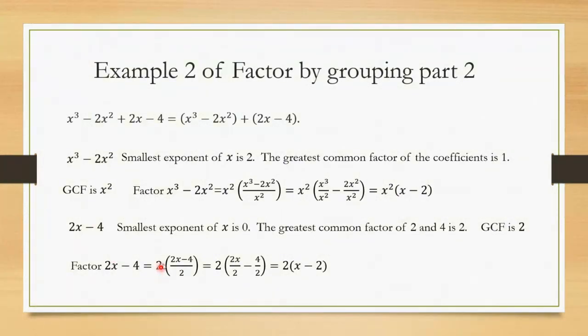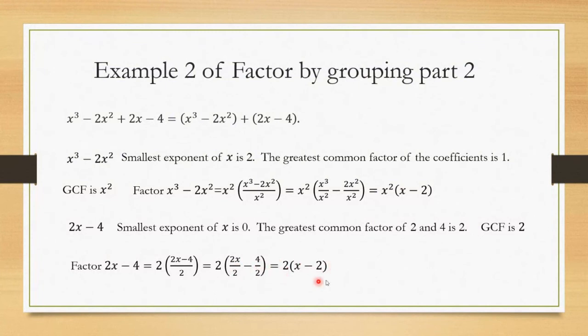We have 2 times 2x minus 4 over 2, which is 2 times 2x over 2 minus 4 over 2. And what happens when we do this? The 2's cancel. We get x. 4 over 2 is 2.